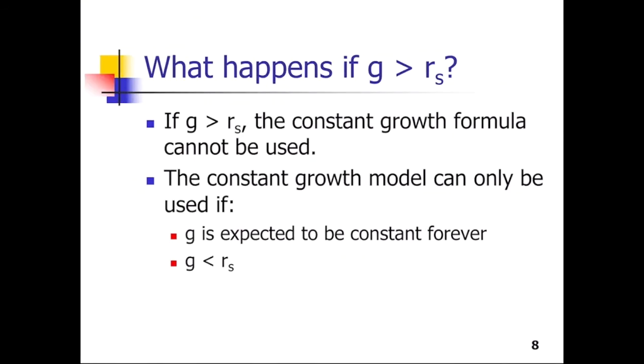What happens if g is higher than Rs? It means the dividend growth rate is higher than the discount rate. In this case, the constant growth formula cannot be used. So the constant growth model can only be used if the dividend growth rate is expected to be constant forever and the dividend growth rate is less than the discount rate.